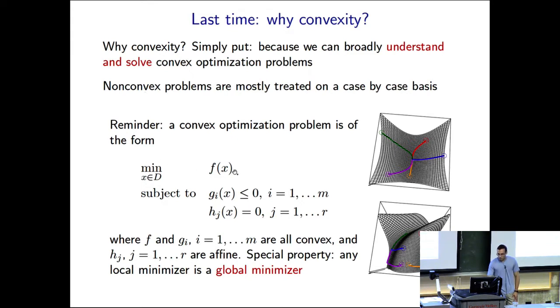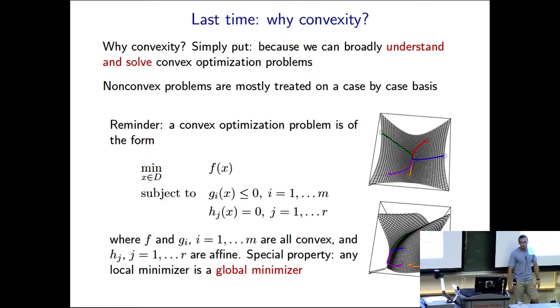So the convex optimization form we learned last time was this standard form: minimize f subject to constraints on x from these functions g_i, these being inequality constraints, and further constraints with these functions h_j, these being equality constraints.